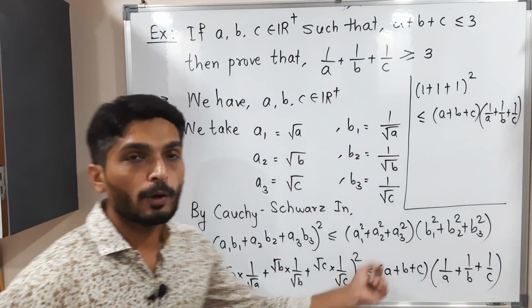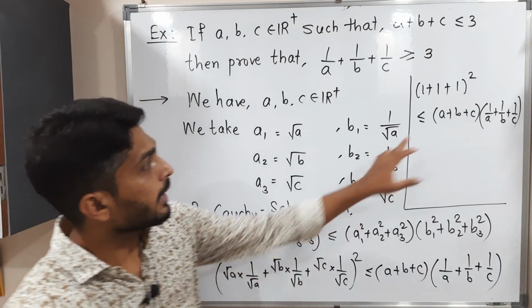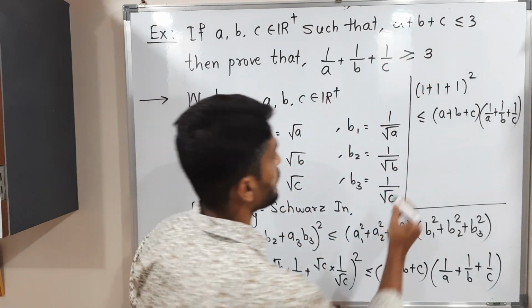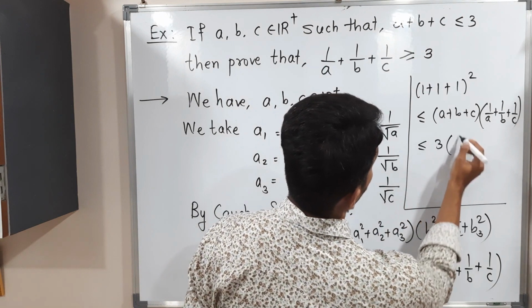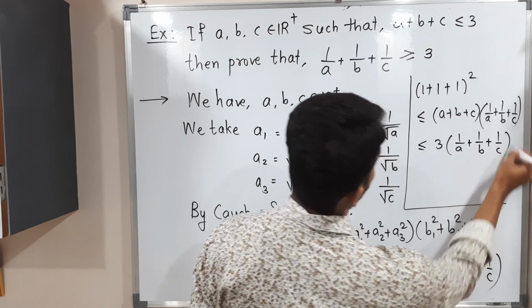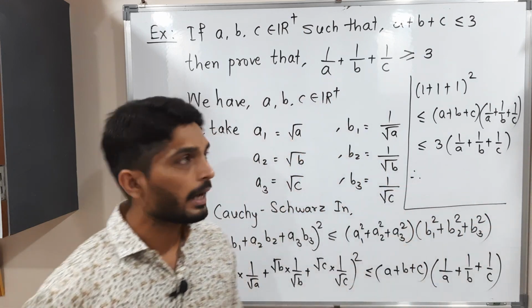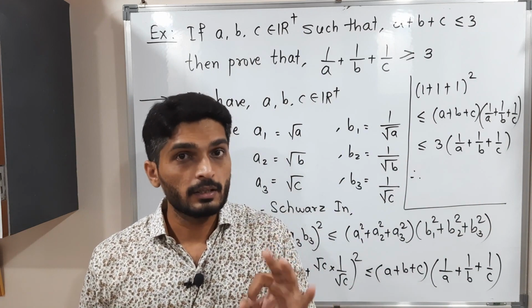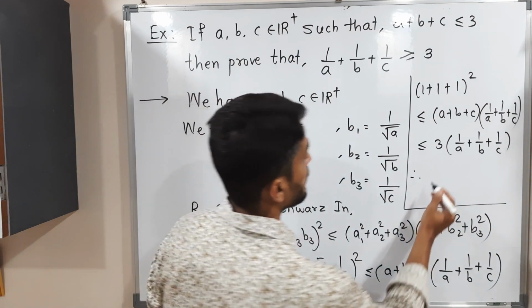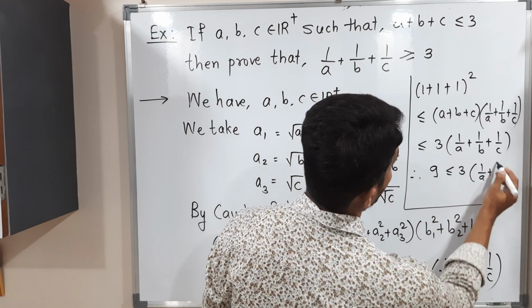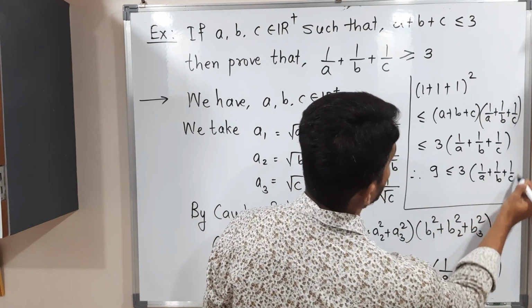Okay, I have simply copy pasted it there. A plus B plus C, they have mentioned, is less than or equal to 3. So this is less than or equal to 3 times (1 by A plus 1 by B plus 1 by C). So what will happen? On the left hand side we have 1 plus 1 plus 1, that means 3 square, that means 9, less than or equal to 3 times (1 by A plus 1 by B plus 1 by C).